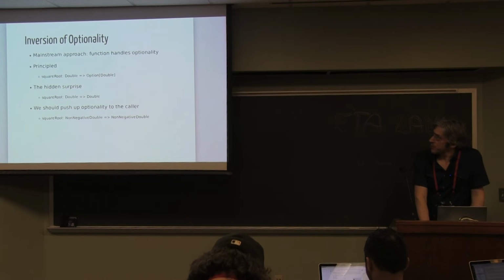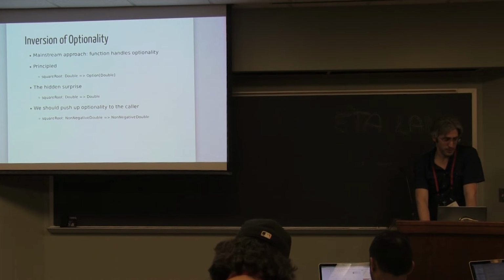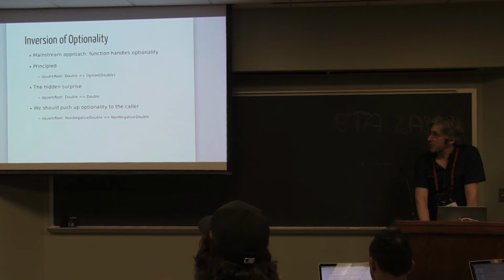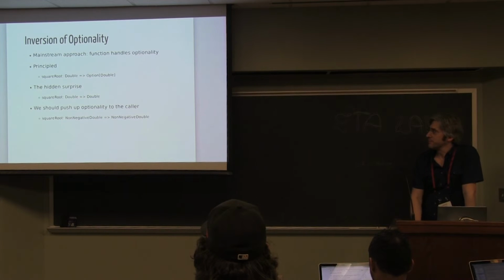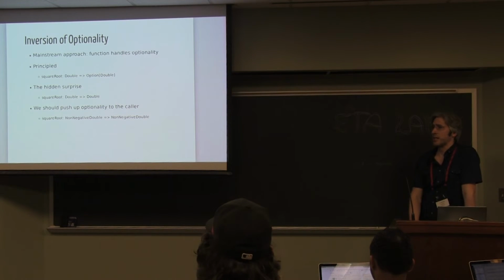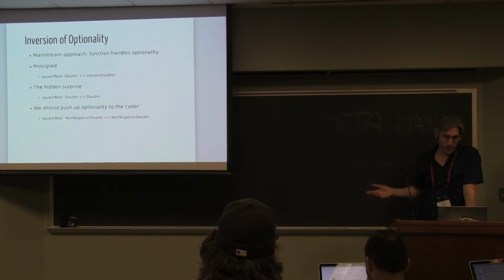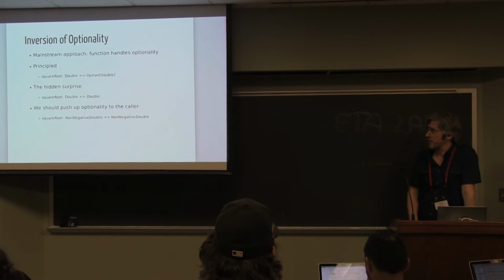So if we push the optionality to the caller, we should have instead a shrunk domain where we only have from non-negative numbers to non-negative doubles. So this function now is total, and we haven't only shrunk the domain, but we also have shrunk the codomain. We can return the information that this is a non-negative double.